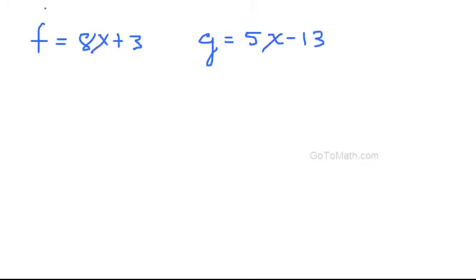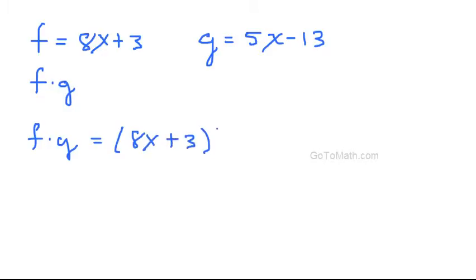Okay, we're just making sure. And remember, right there, we're trying to find f times g. So f times g is equal to, we'll start a parentheses, 8x plus 3, and then 5x minus 13. So remember, we're following FOIL, first terms.